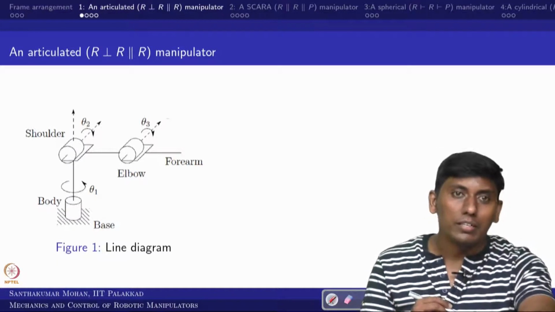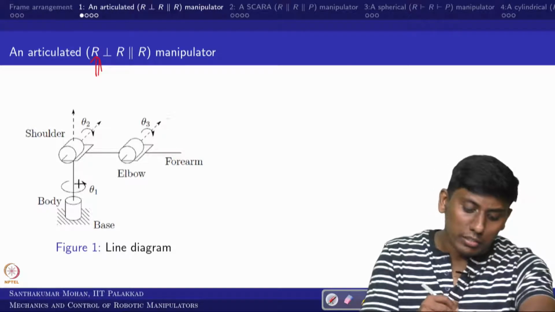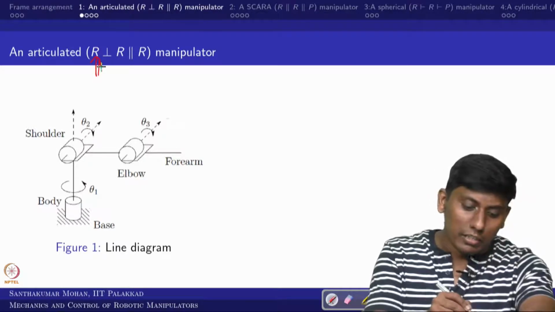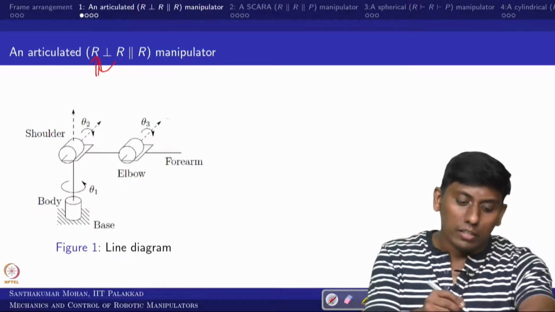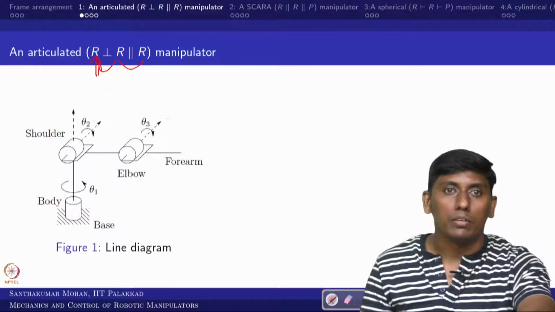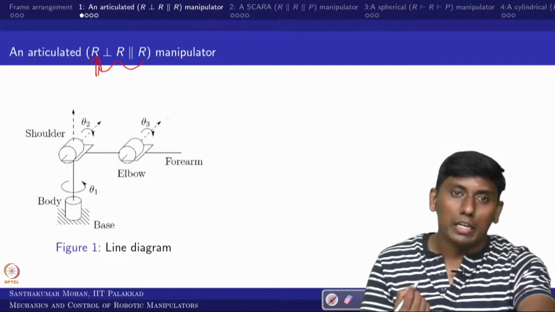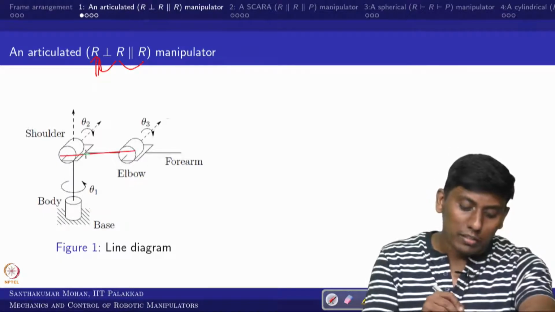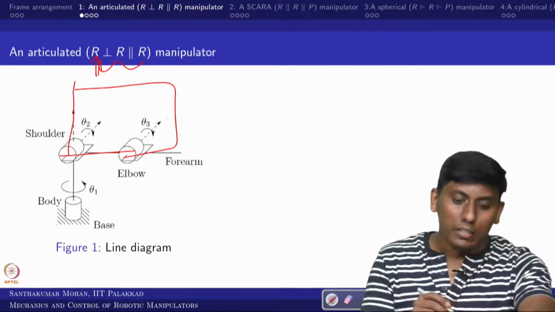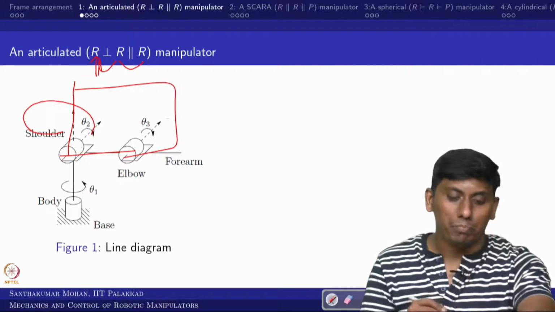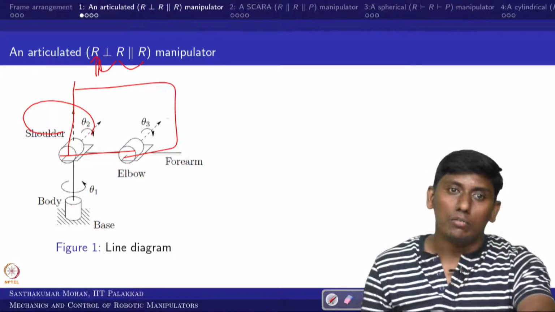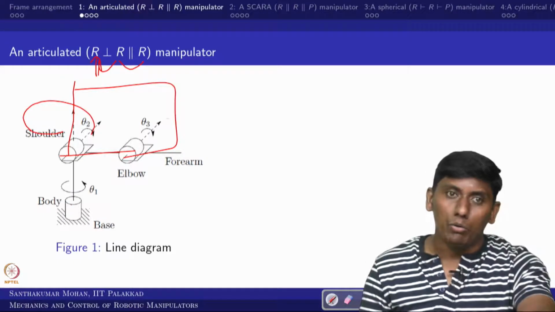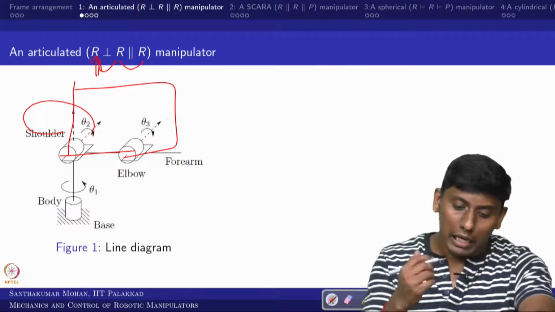The first rotary joint is vertical, the second rotary joint is perpendicular to that, and the third rotary joint is parallel to the second. So these two axes make a planar motion, and if you sweep that planar motion about the first axis, you get a 3-dimensional case. That is the whole idea. I hope you now have a clear idea.